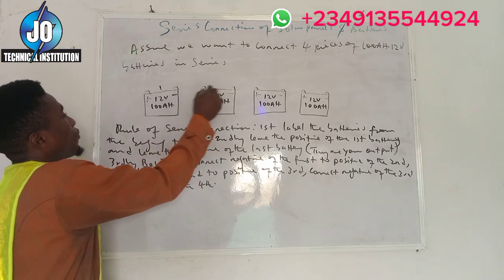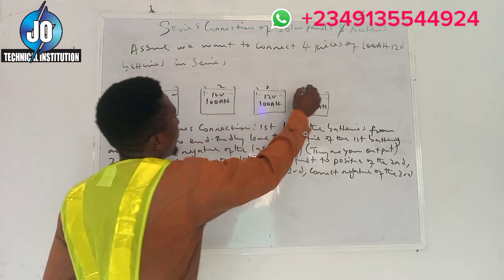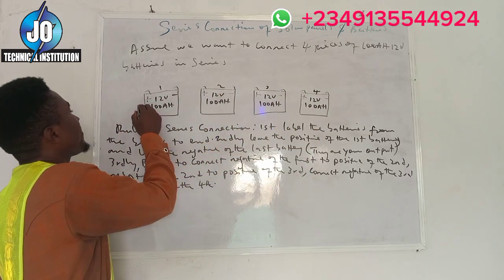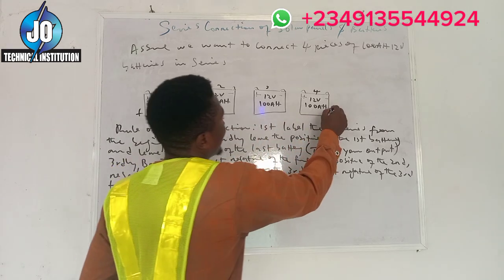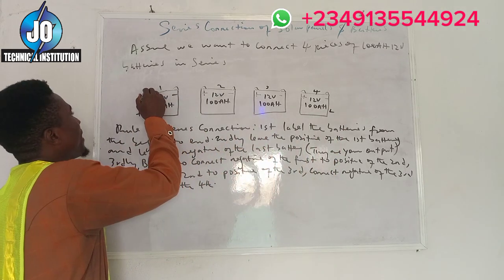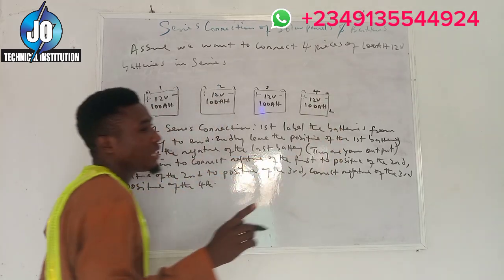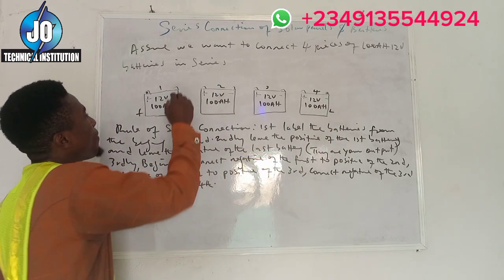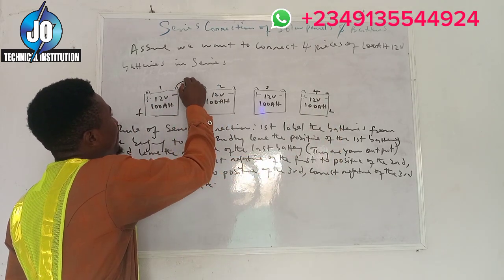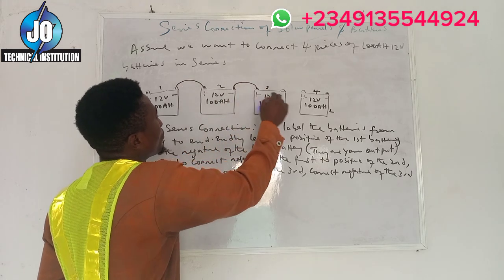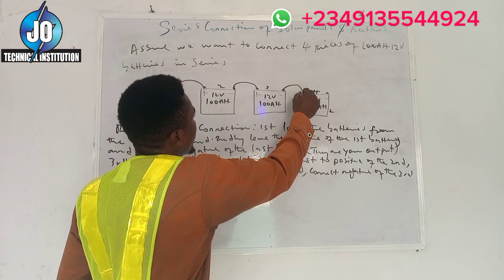If we label this 1, 2, 3, 4, meaning that we are using 4 batteries, we say that if this is the first and this is the last, we will leave the positive of the first and the negative of the last. We don't touch them because they are our output. Then we connect negative of the first to positive of the second, negative of the second to positive of the third, negative of the third to positive of the fourth.